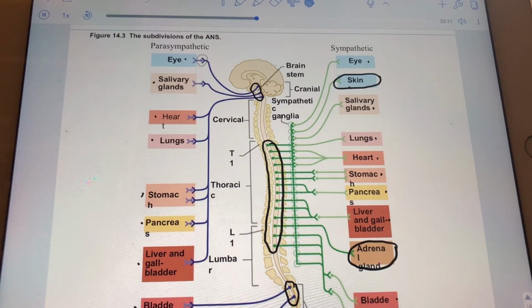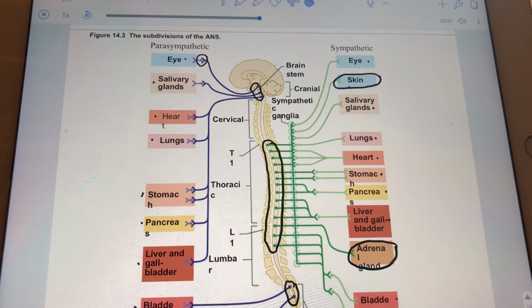Also, we can recognize that this shorthand means synapse, right? Notice that all of the postganglionic neurons are relatively short on the parasympathetic side, whereas the postganglionic neurons on the sympathetic side, they tend to be much longer.